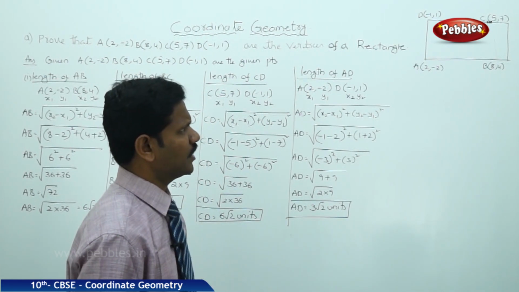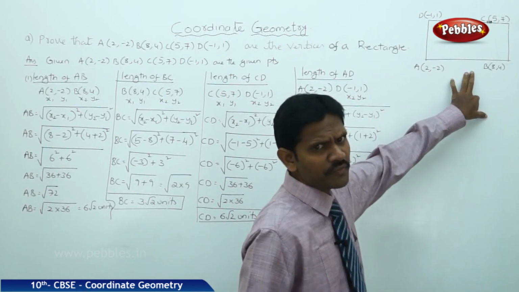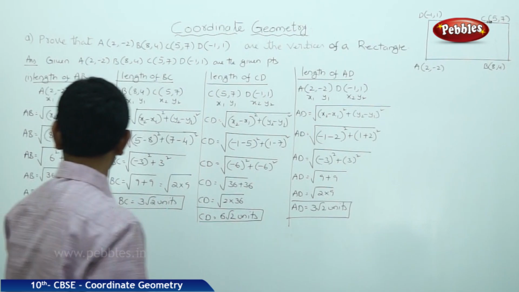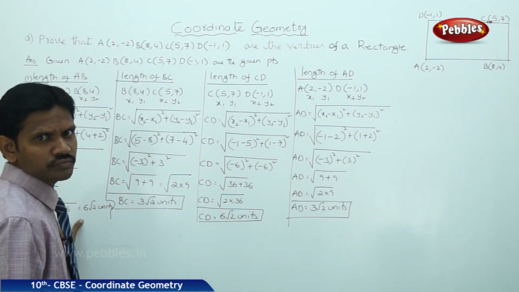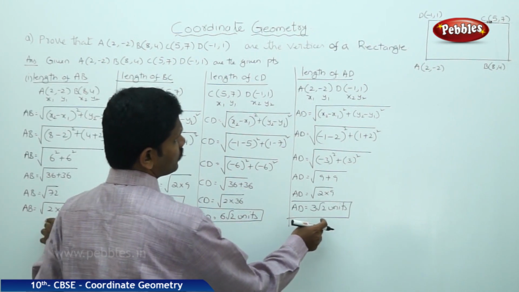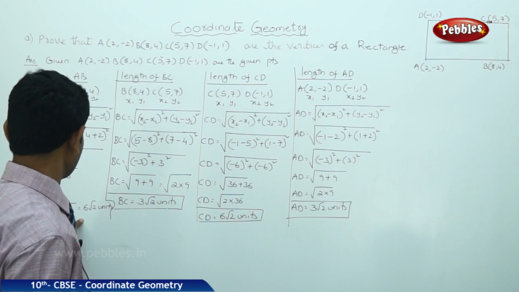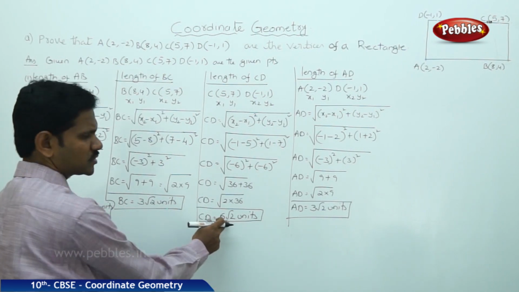Then let us check whether opposite sides are equal or not. Value of AB is 6 root 2 and value of CD is 6 root 2. AB opposite CD, both are the same.